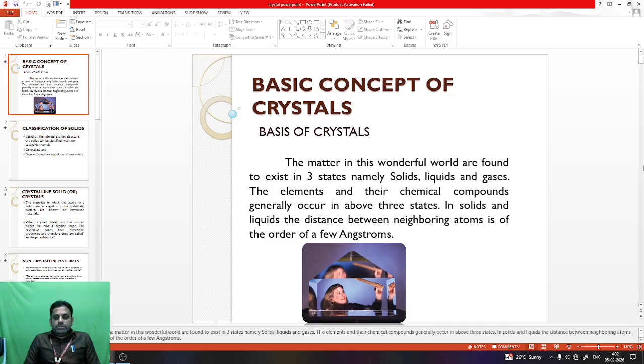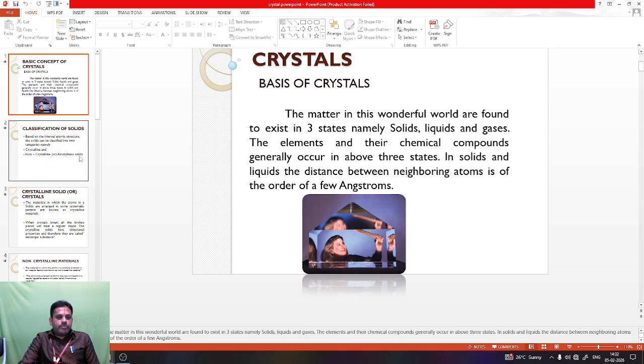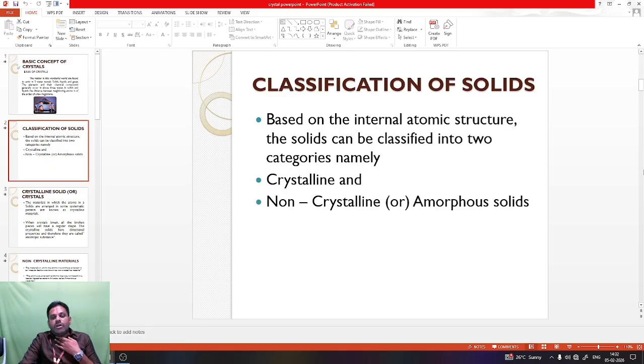Solids and liquids differ from each other by the distance between neighboring atoms, which is in the order of a few Angstrom units. Here the classification of solids is given: crystalline material and non-crystalline or amorphous material.